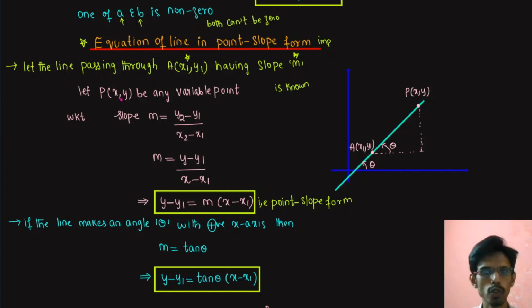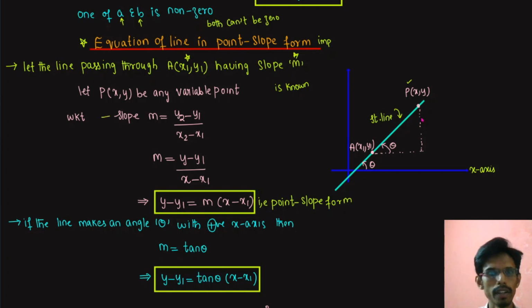Let P of x comma y be any variable point on the line. See here we have this straight line. See this figure. Now this line is passing through A x1 comma y1, making an angle theta with x axis in anti-clockwise direction. Okay, now we have taken a variable point P x comma y on the given straight line.